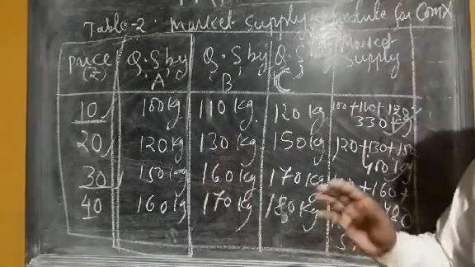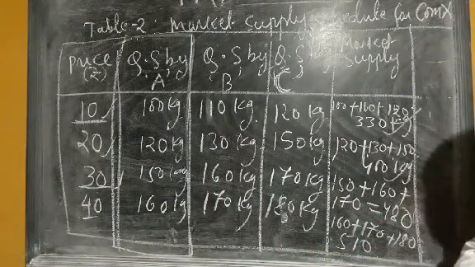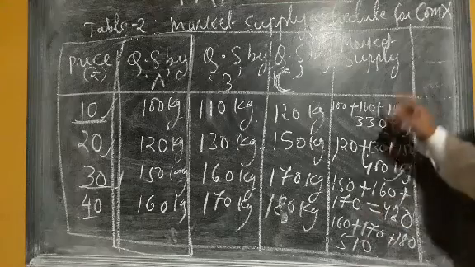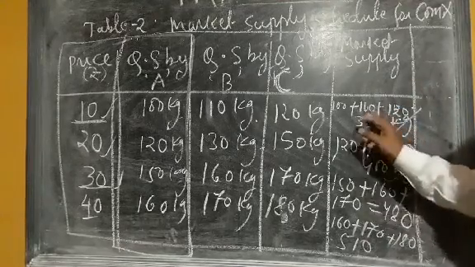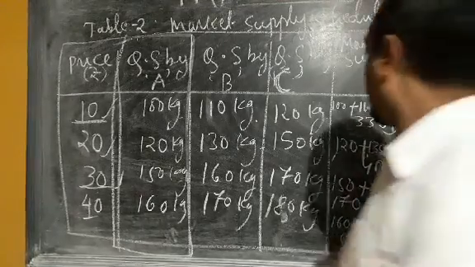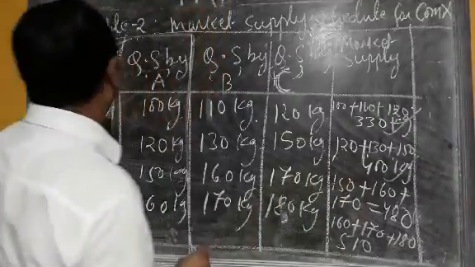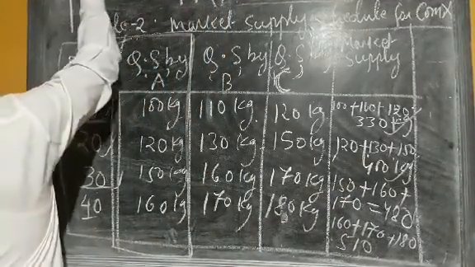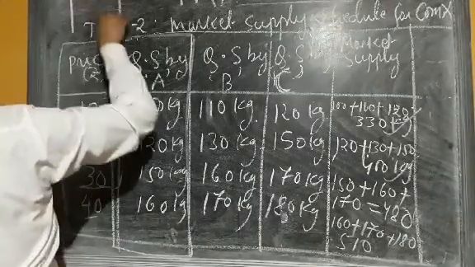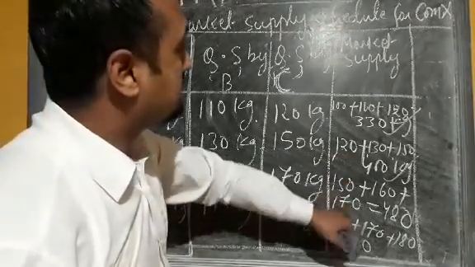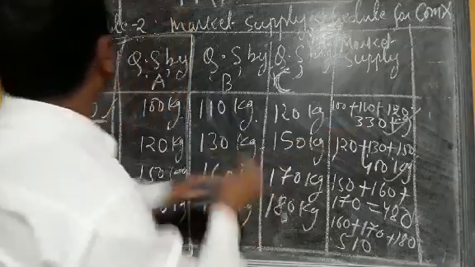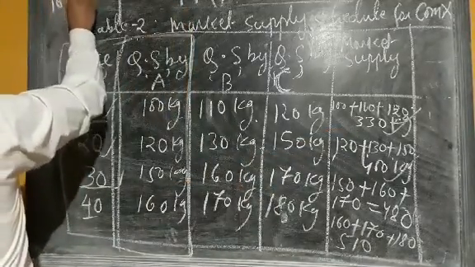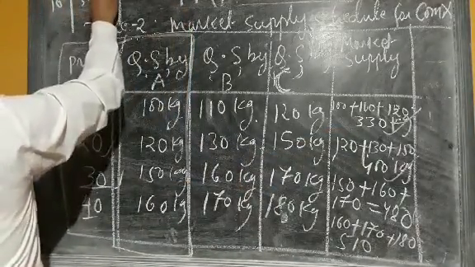So first I will drop this, and before this one, I have to copy this: 330, 480. So the quantity supplied at price 10, market supply, I will copy it here. Otherwise, it will be difficult for me to plot. So at price 10, we have 330 kg.